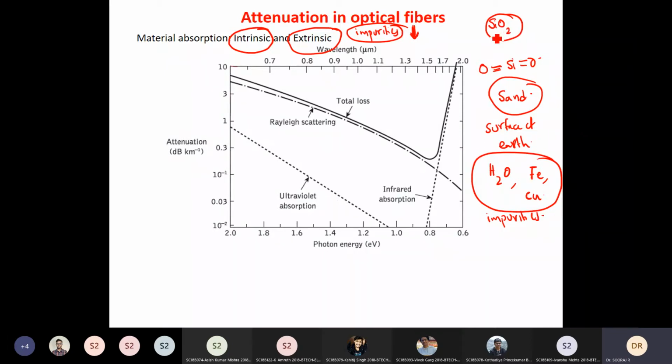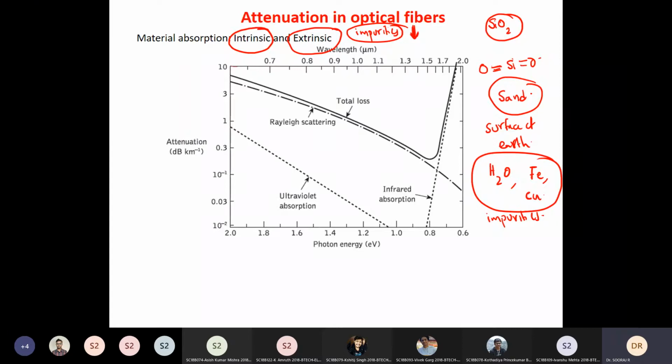These silicon-oxygen bonds can absorb some of the light, and those absorption losses are called the intrinsic material absorption loss. So intrinsic loss is because of the presence of the native material.